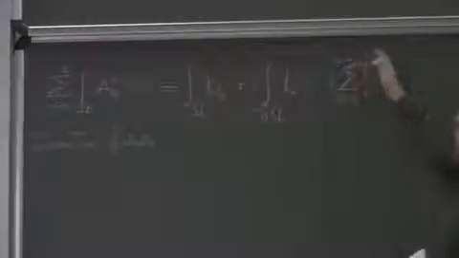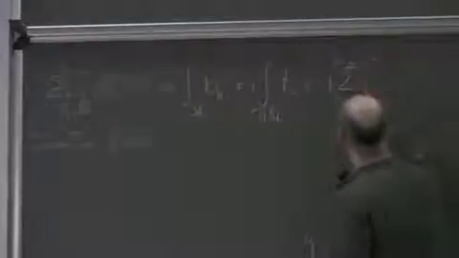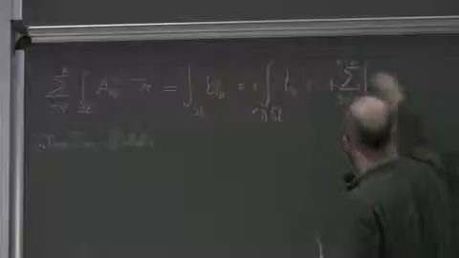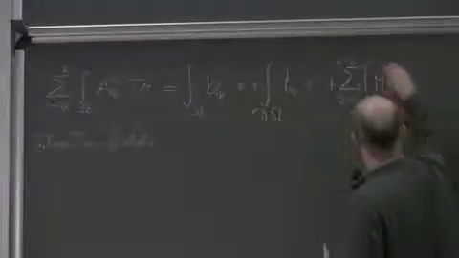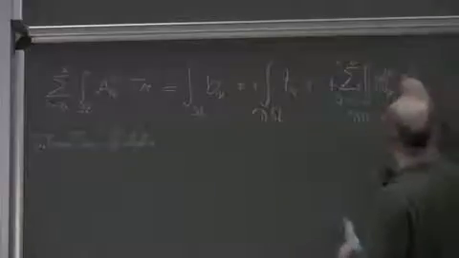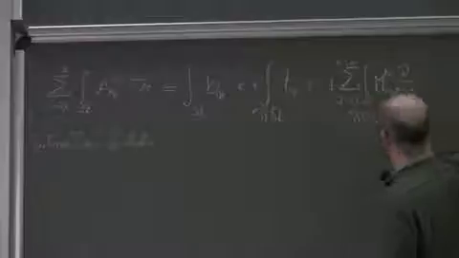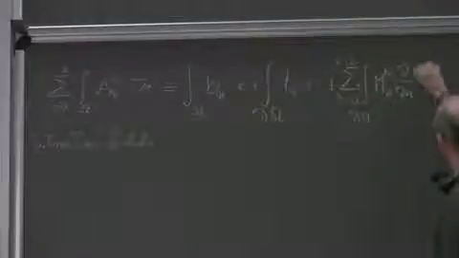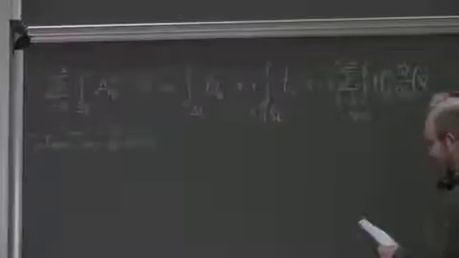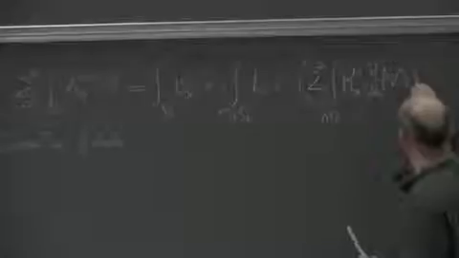If k is equal to 2, it's only one term: the integral on the boundary of some M_s(u) dotted with the normal derivative on the boundary of the s-th gradient of V.